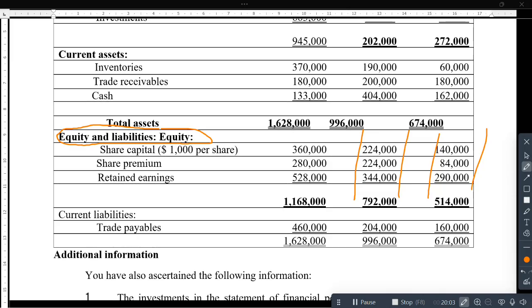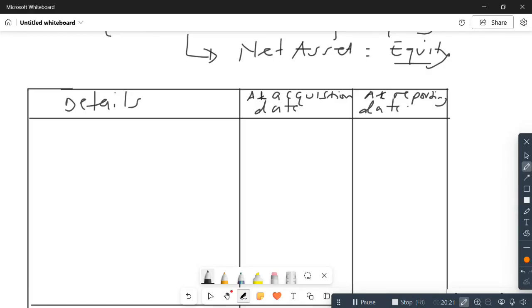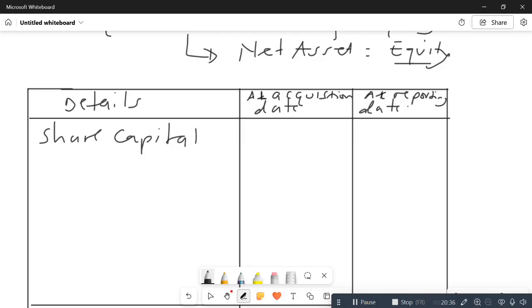Let's start with this: share capital 244, share premium 244, and retained earning 344, and they are all at reporting date. Let's try to do that under our working. Share capital, under reporting, 244.